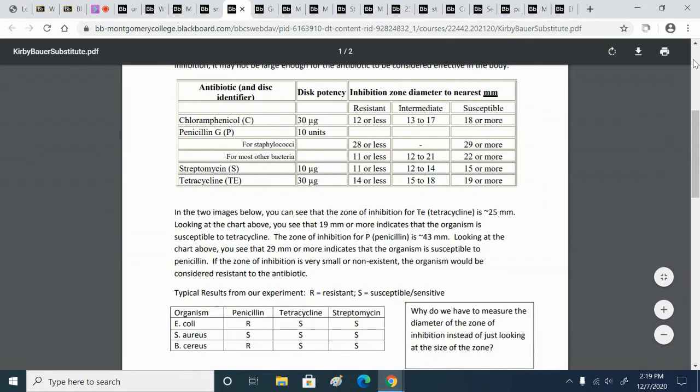So questions on the Kirby-Bauer technique? So once again, how is your body different from the agar plate?